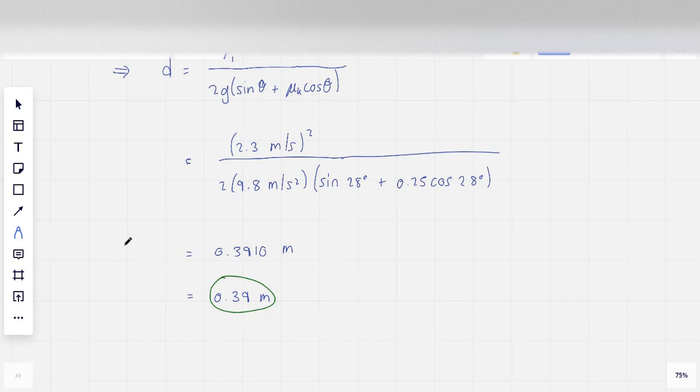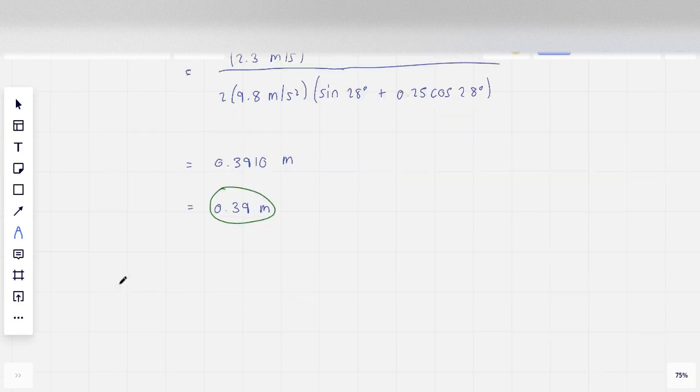Now, for part B, we want to find the condition that must be placed on the coefficient of static friction to prevent the sled from getting stuck at its highest point. Now, for the sled to slide back down, the friction force will now point up the hill in the free body diagram. And in order for the sled to slide down, the component of gravity along the hill must be larger than the maximum force of static friction.